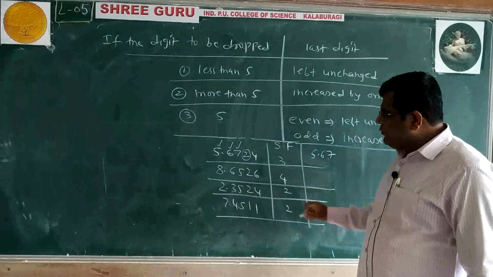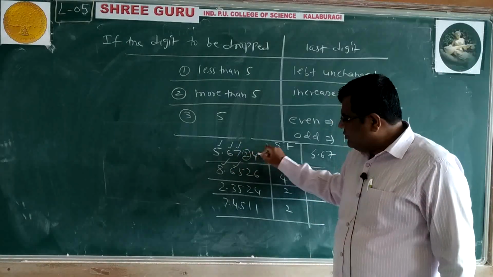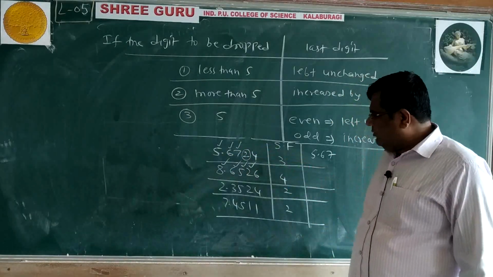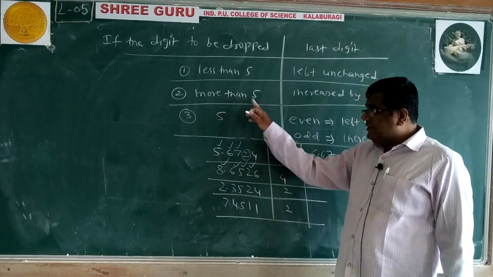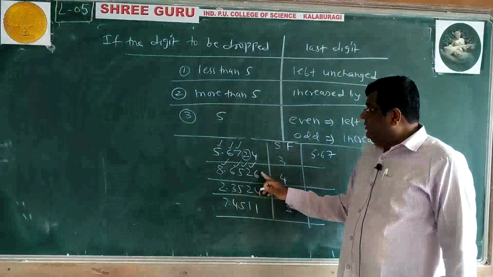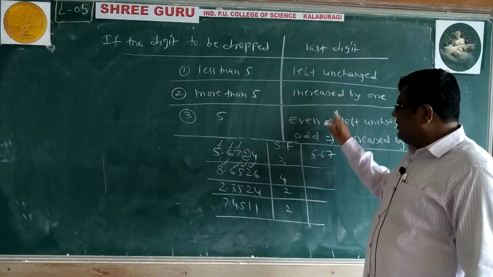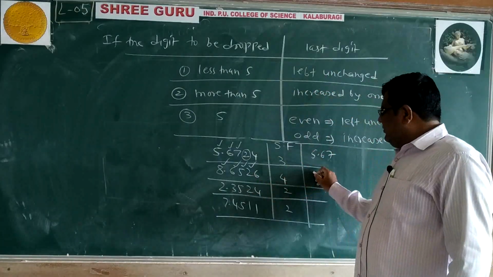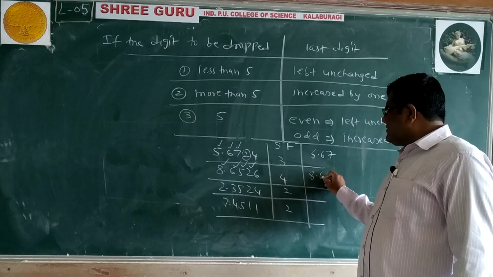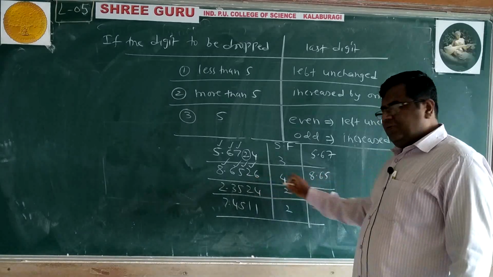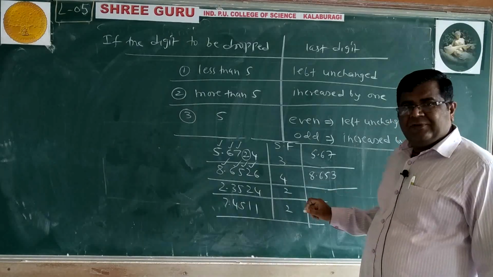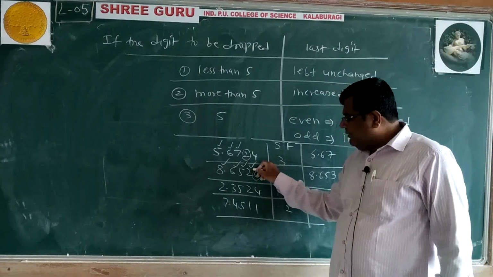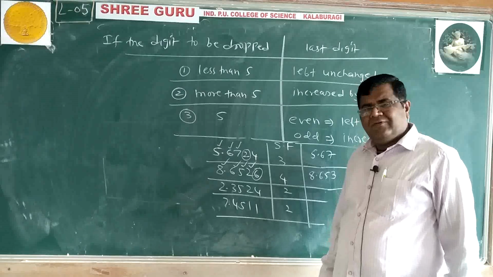Now, 4 digits we want: 1, 2, 3, 4. The digit to be dropped is 6, which is more than 5. So the last digit is to be increased by 1. So we should write 8.65 and instead of 2, we write 3. We have increased by 1 because the digit to be dropped is more than 5.